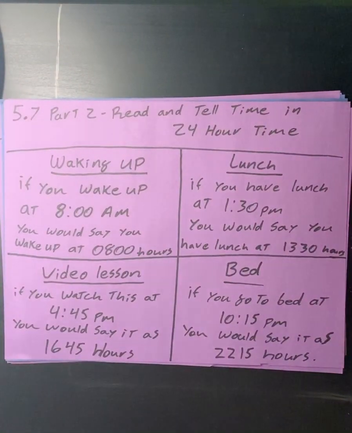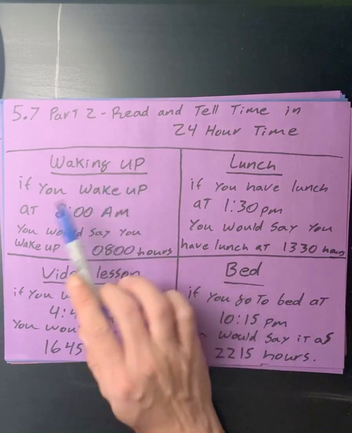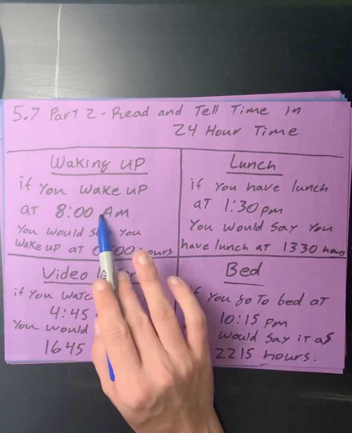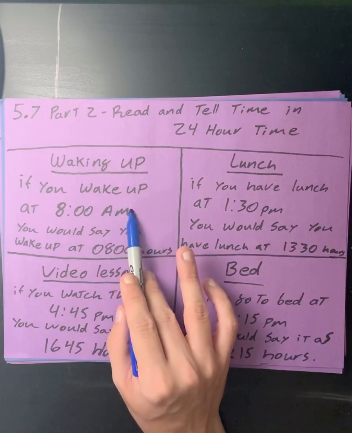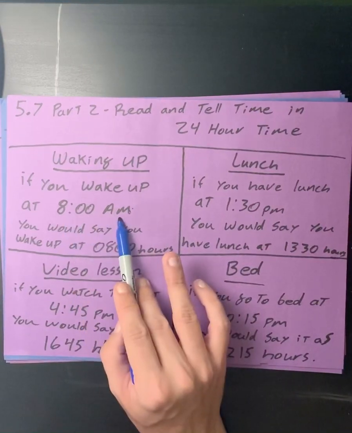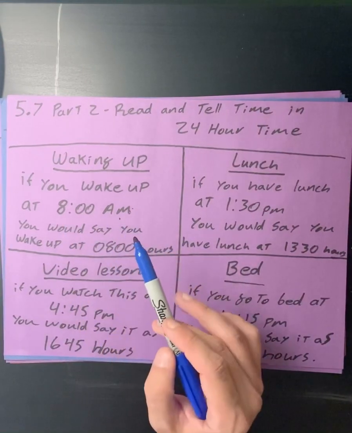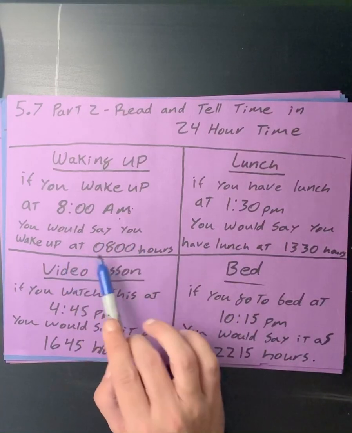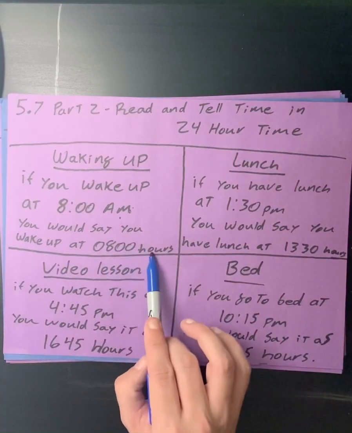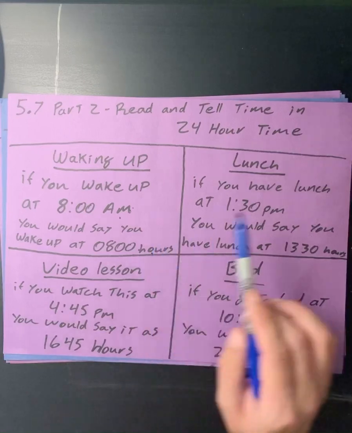Part 2, to read and tell time in 24-hour time. So I have 4 examples of common times for us, such as waking up. If you wake up at 8 a.m., that would be what we say in 12-hour time. In 24-hour time, you would say you wake up at 0800 hours. Okay?